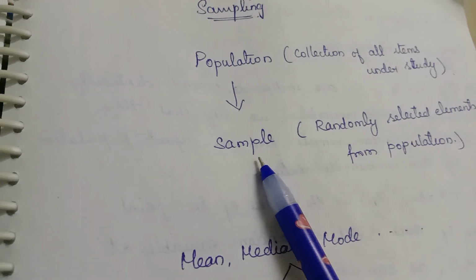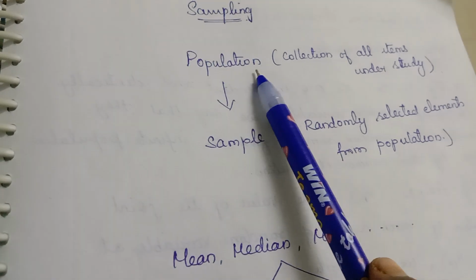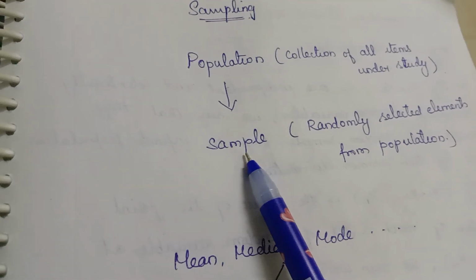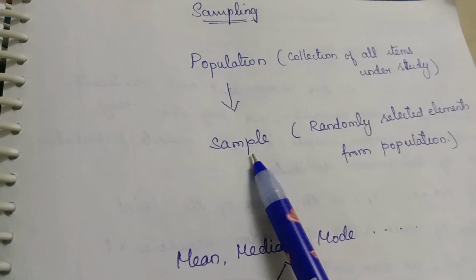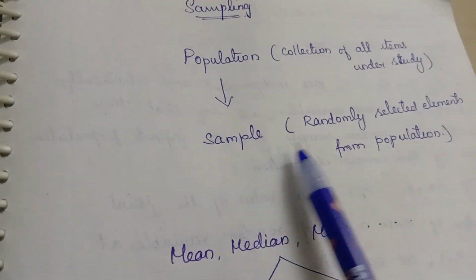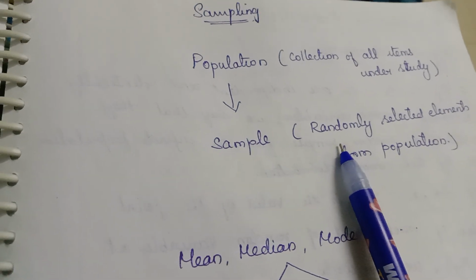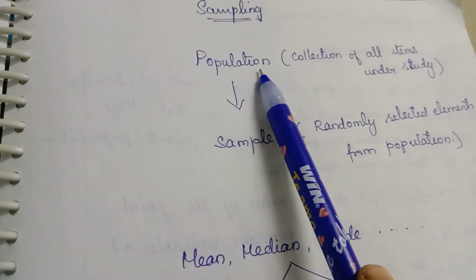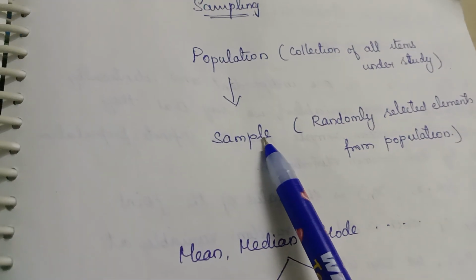From a 1 lakh population, if I select only 500 students, that is called a sample. From a population you can draw different samples; the only thing is it has to be random. So you now know what a population and a sample are.